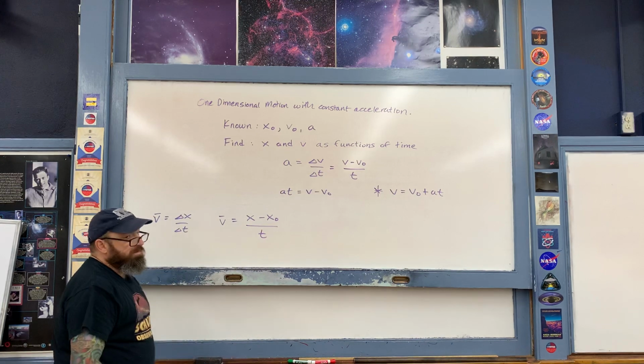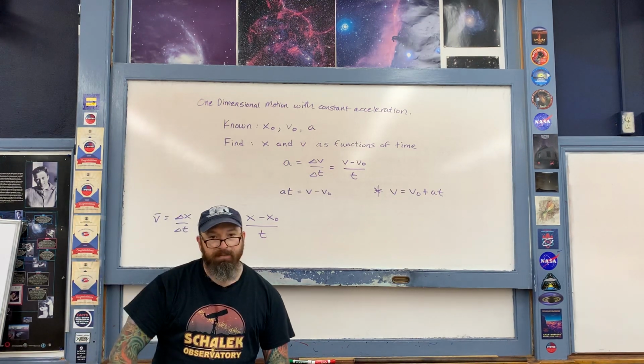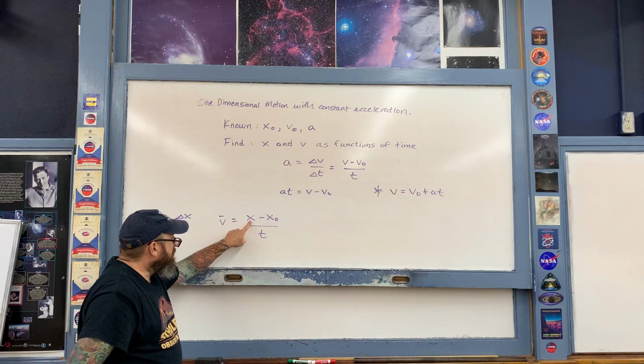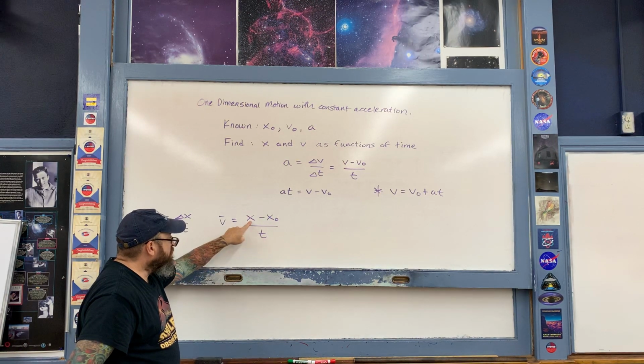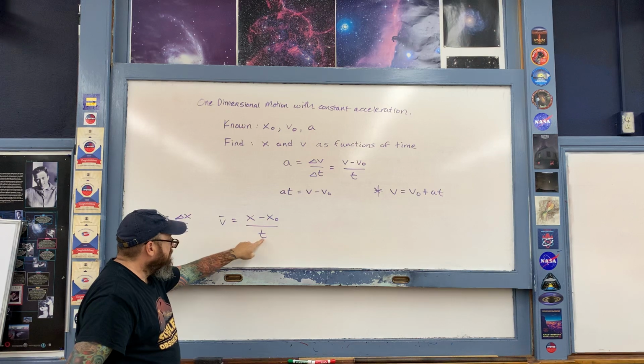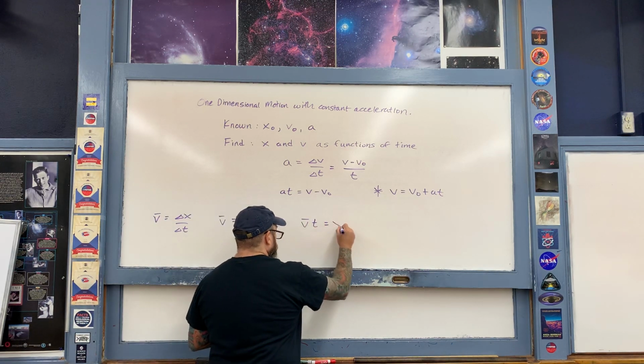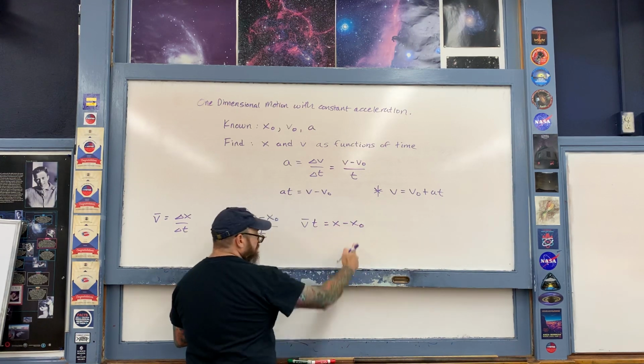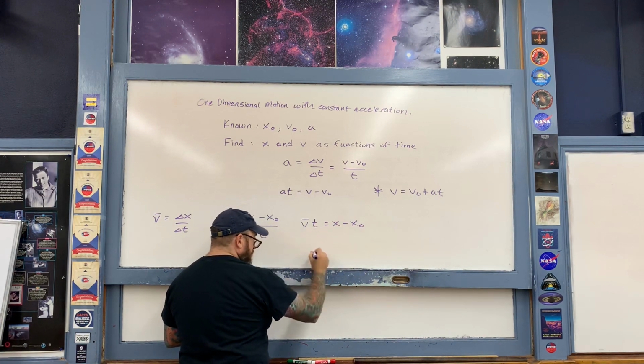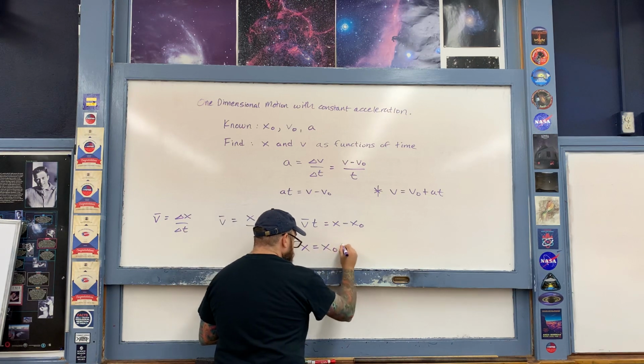And then the denominator we will once again just simply write as t. And then right here is what I'm looking for, a description of position as a function of time. So now algebraically, let's just solve for x. So move the t here to the other side. And then move the initial position x0 to the other side to then get the position x like so.